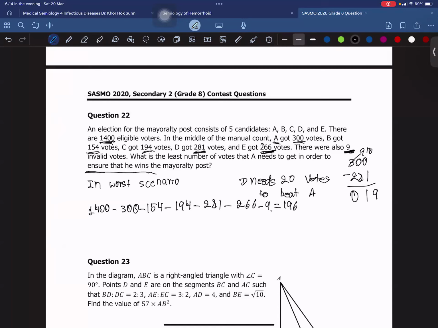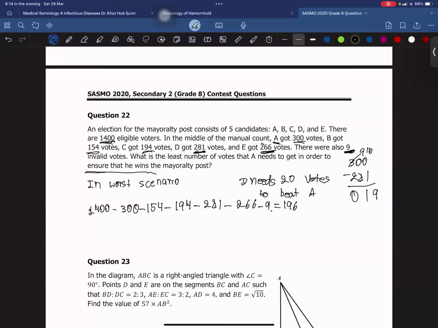A is currently leading by 19. So yeah, that's what I have explained to you: A is leading everyone, and D, which is the second highest, by 19 votes. Okay, so what do they need to win?